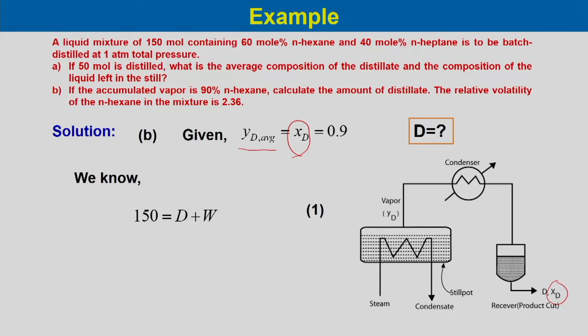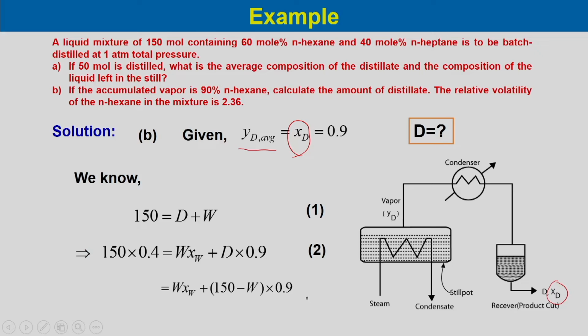From the total material balance, 150 would be equal to D plus W, and if we write the species balance equation, it would be 150 into 0.4 would be equal to W XW plus D into 0.9.